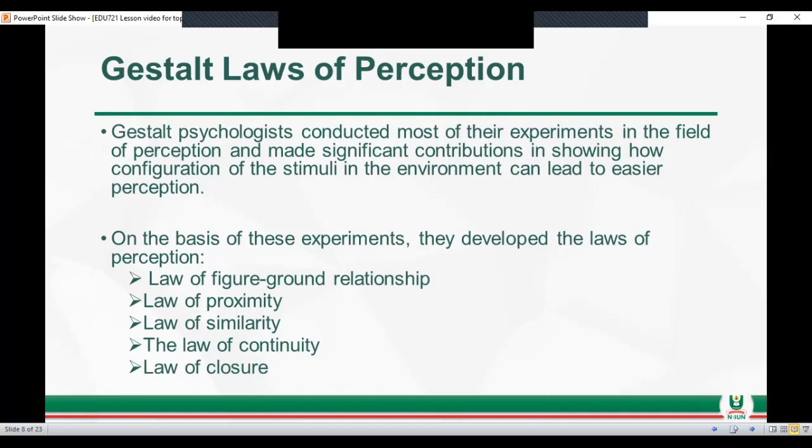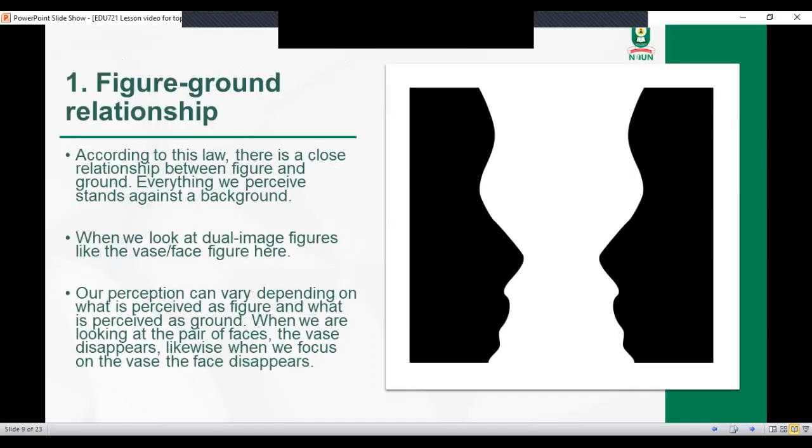They include the law of figure-ground relationship, the law of proximity, the law of similarity, the law of continuity, and the law of closure. Let's look at each of these laws in more detail.